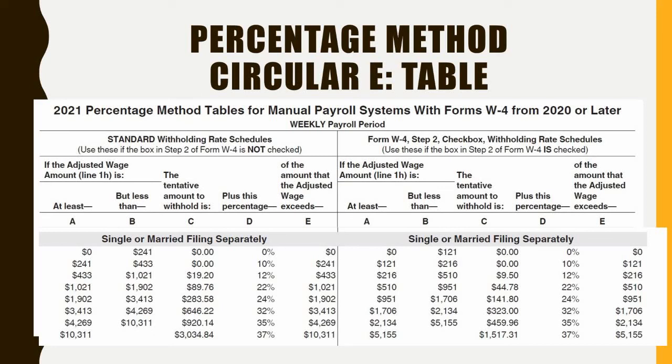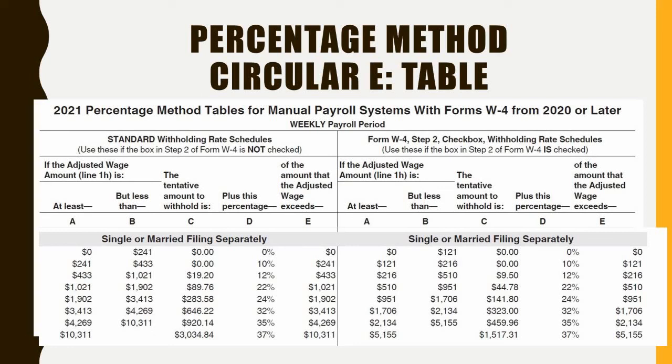So in this case, we need to determine based on how much money she's earned. She earned $686.25. So how you read this table is, A is going to be at least. Did she earn at least $0? Of course, yes, she did. Did she earn at least $241? Of course she did. Did she earn more than $433?